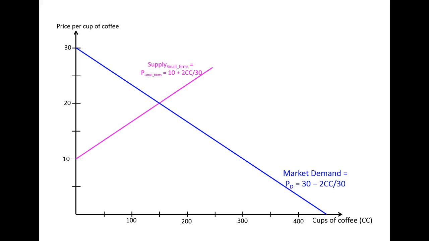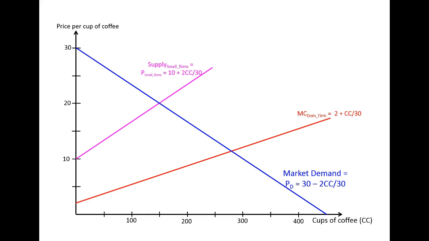If this had been a perfect competition market, we would have an equilibrium here at 20 money and 150 units. But we also have this dominating firm, and we assume that they have a cost technology that is much better than the competition they face in the small firms.